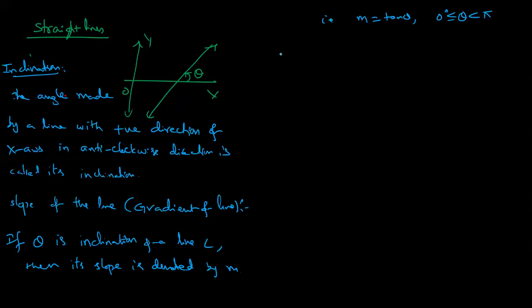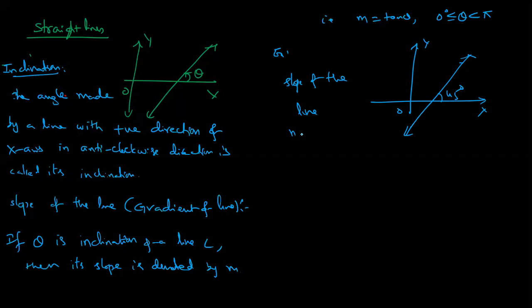So for example, I'm taking this line. It makes some angle, 45 degrees or 60 degrees, anything. What is the slope of the line here? m is equal to tan 45 degrees. So how much? 1.